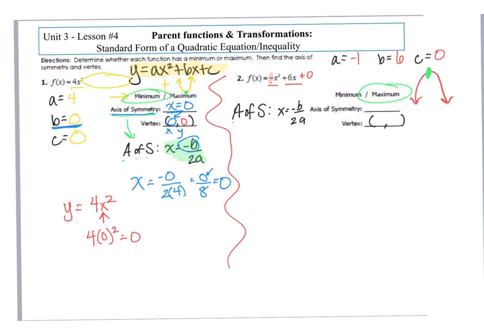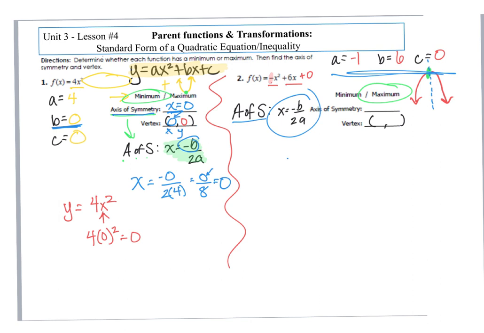Next we need to find our axis of symmetry. So the axis of symmetry actually cuts through our vertex. It divides our parabola into 2 equal parts. Again, it is always this formula that we are using. And that formula is x equals negative b over 2a. So again, that's why it was important to label our a, b, and c values up there.